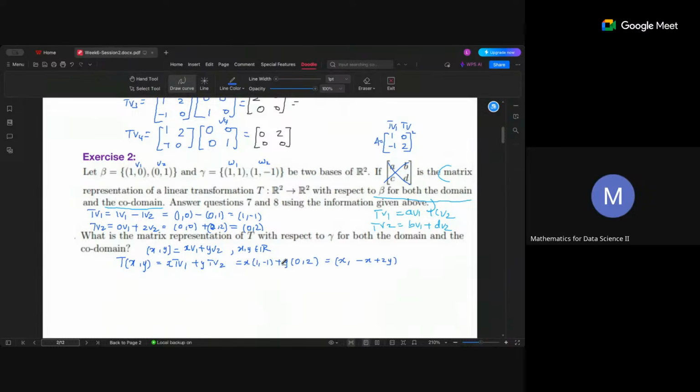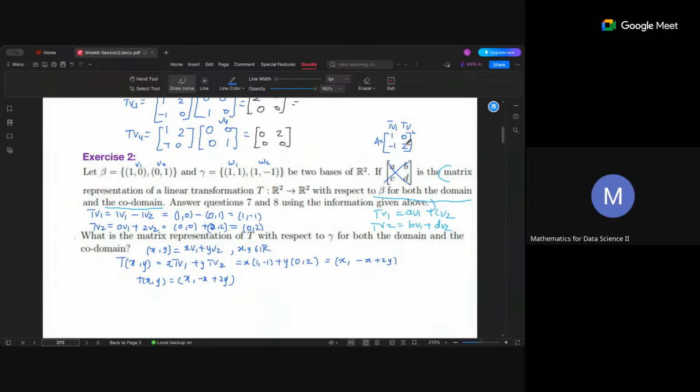So T(x, y) is equal to (x, -x plus 2y). So first we have understood what our transformation is from the given information. We have understood what the matrix is and what the transformation is.